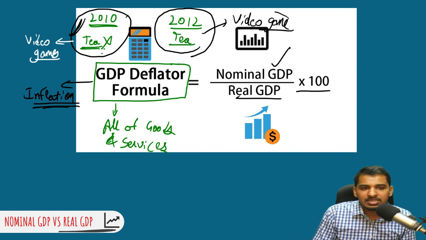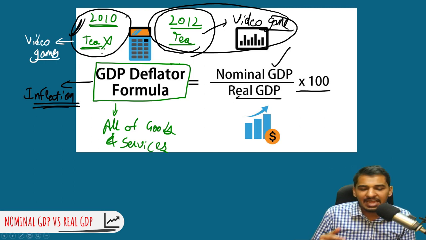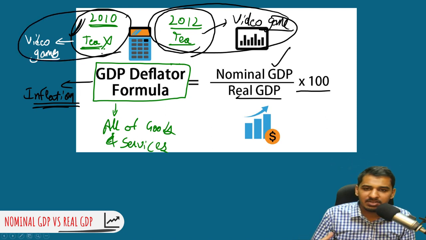You will calculate the GDP of 2012 by including both tea and video games, and in 2010 you will not include them, because they were not there in 2010, but in 2012 they arrived in our economy.